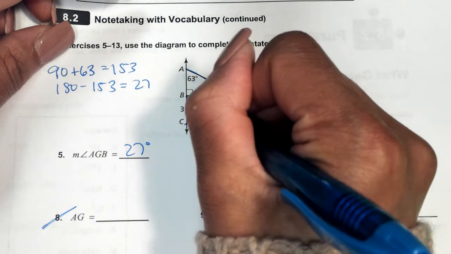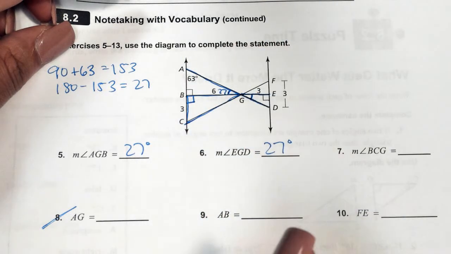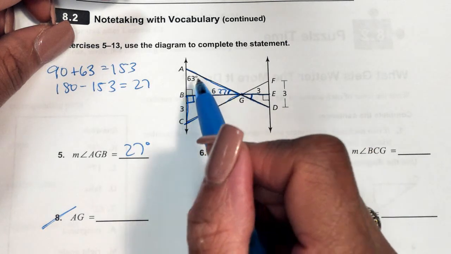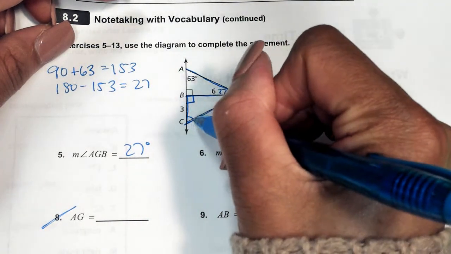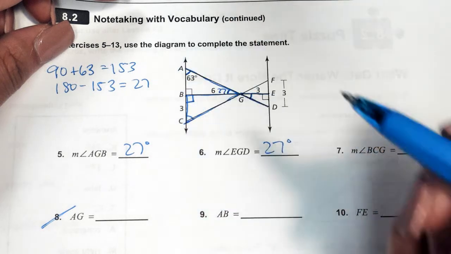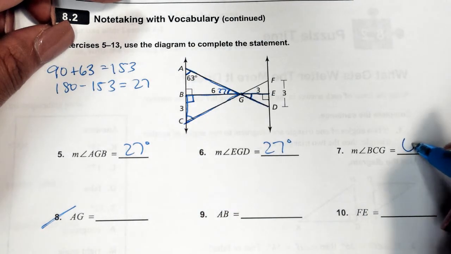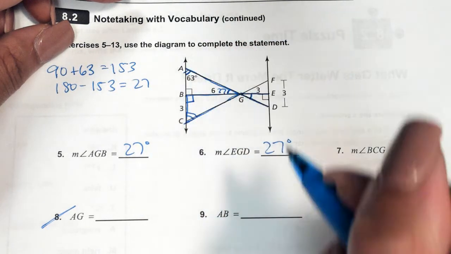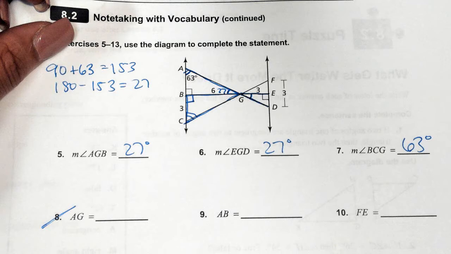Note this is also a right triangle because it's on the other side of a straight line. And it's very similar to ABG. And so that means C is congruent to A. So this one is 63 degrees. Okay, so that's 63 degrees.